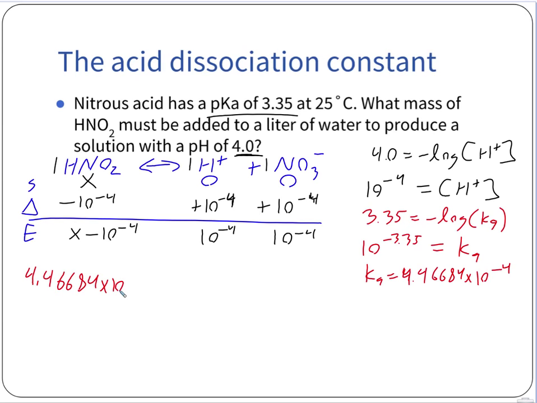times 10 to the negative fourth is equal to our two concentrations at equilibrium of our two products, 10 to the negative fourth and 10 to the negative fourth, all over x minus 10 to the negative fourth. So 10 to the negative fourth times 10 to the negative fourth is just going to be 10 to the negative eighth.